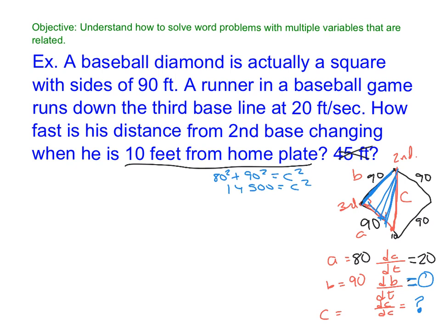All right, well, I'm just going to write C is 10 root 145. That's good enough. Okay, so now that's my C, 10 root 145.